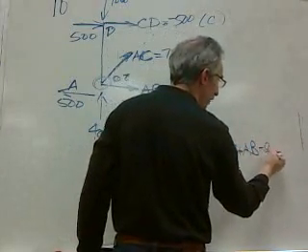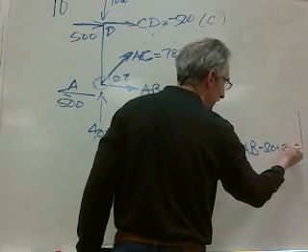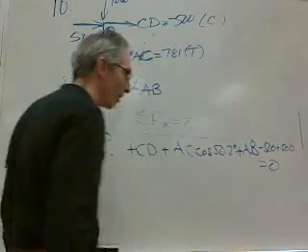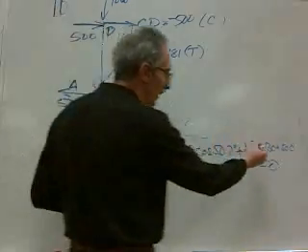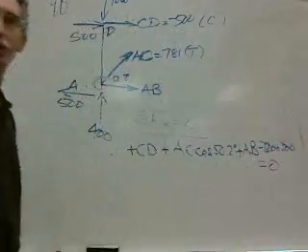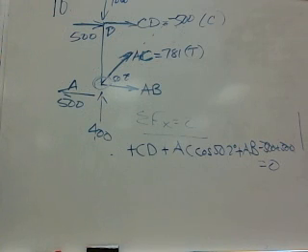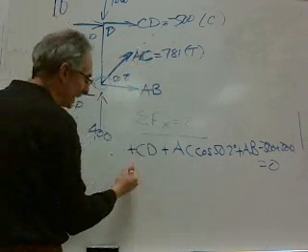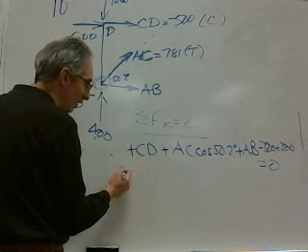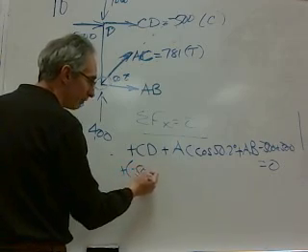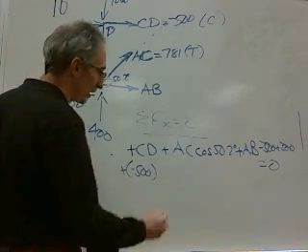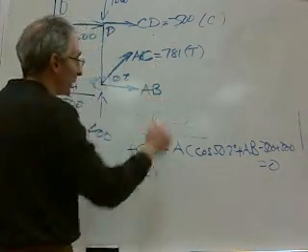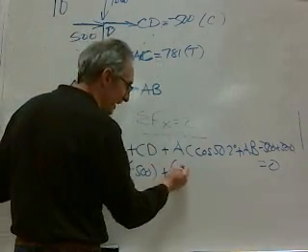So I'll say minus 500 plus 500, and all this would equal 0. Well, the minus 500 plus 500 sort of goes away. CD, I already solved for that, and I found out it was a minus 500. I already found that AC was 781.